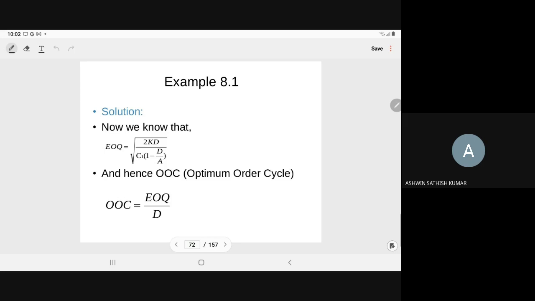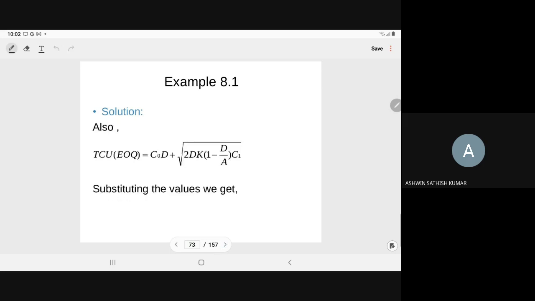So for model 1, we know that EOQ is what? It is the root of 2KD upon C1 into 1 minus D upon A. And the optimum order cycle, that is T naught star, is the EOQ upon demand, and TCU is this much.